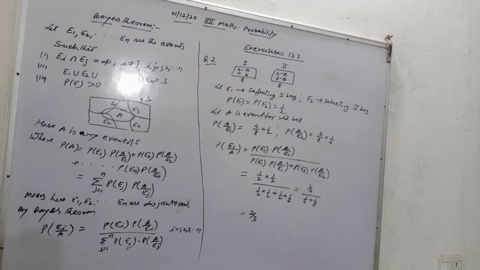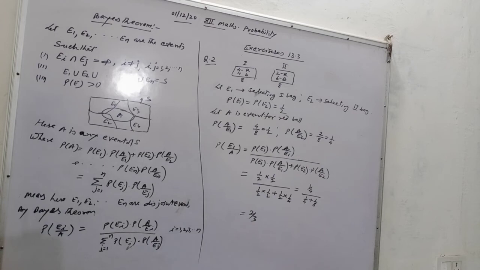First you have to select the bag, then draw the ball. So E1 is the event for the first bag, E2 for selecting the second bag, and A is the known event, because in the question it is given that the drawn ball is of red color.